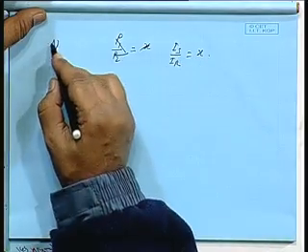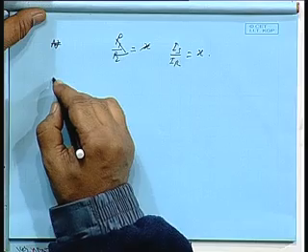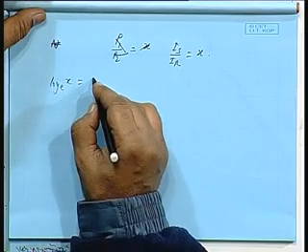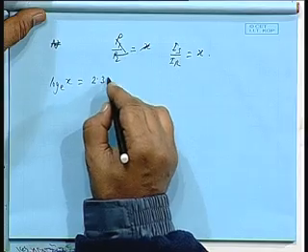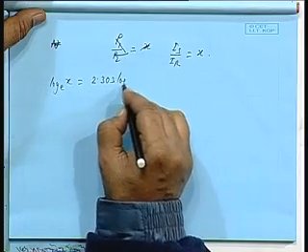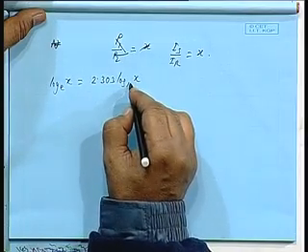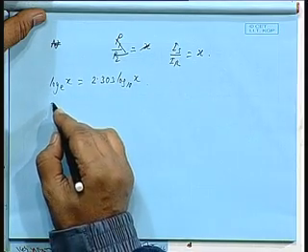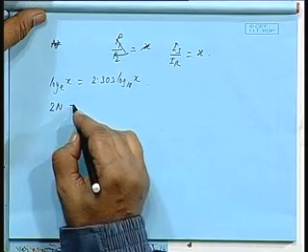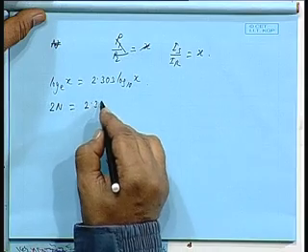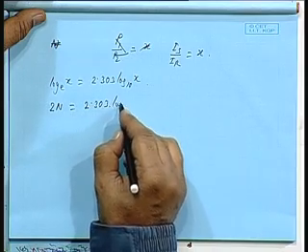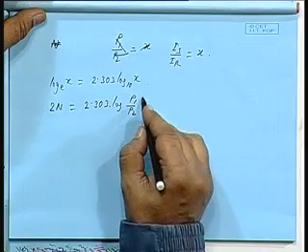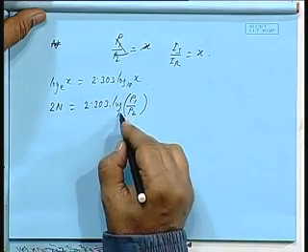So, if it is x, then log of x to the base e will be 2.303 log of x to the base 10, okay, and 2n is therefore 2.303 log of P1 by P2 to the base 10.